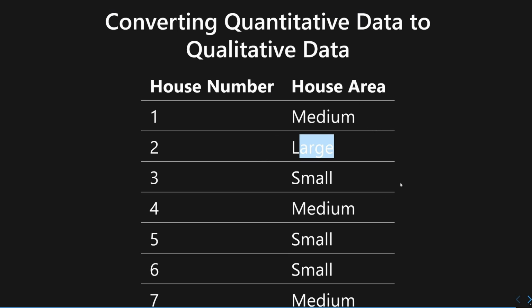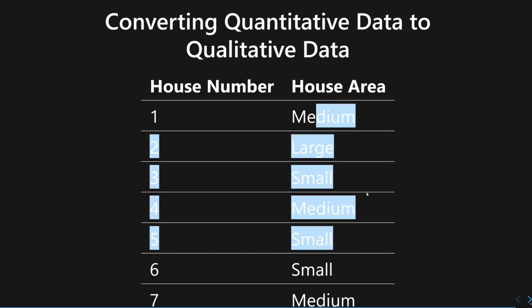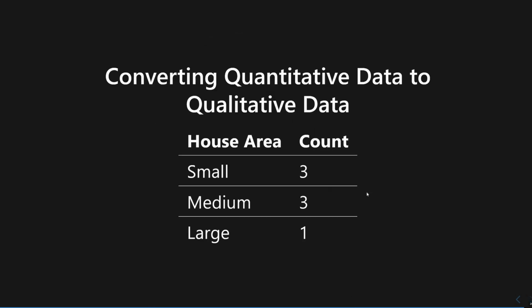So how does this help you? For example, if you want to count the frequencies of all of the house areas in qualitative form, you will end up with something like this. The number of houses that have a small house area would be 3. The number of houses that have a medium area would be 3. And the number of houses with a large area would be 1.